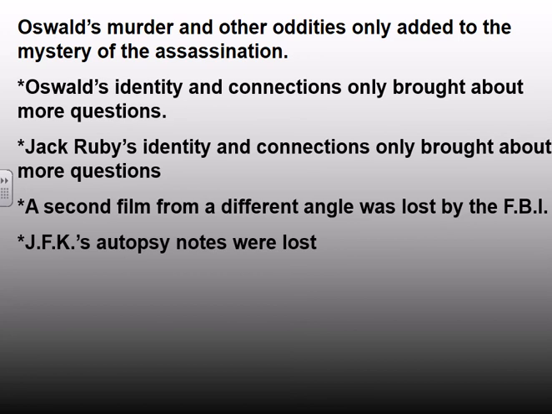Even more troubling is JFK's autopsy notes and brain matter were lost. I'm going to tell you why this is such a big deal. Anybody who's watched CSI or Law and Order or anything like that knows that you could figure out whether that headshot was from the front or the back by entry and exit wounds.